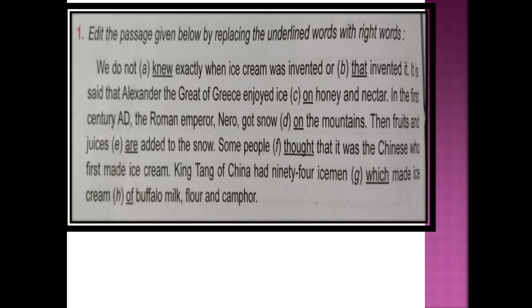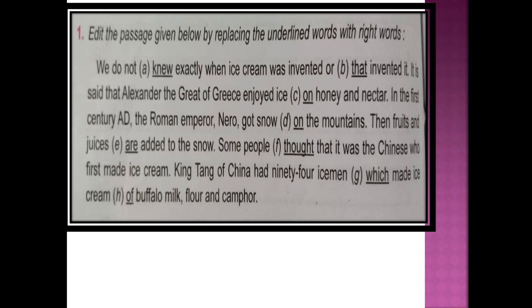We do not knew is incorrect. We do not know exactly when ice cream was invented or who invented it. It is said that Alexander the Great of Greece enjoyed ice with honey and nectar. Ice on honey and nectar? No, that's incorrect. Ice with honey and nectar.